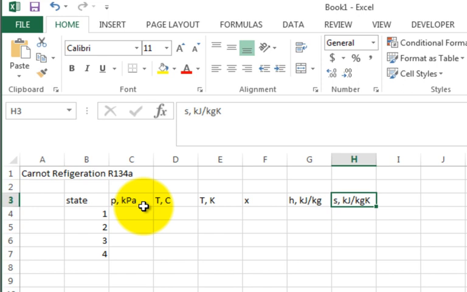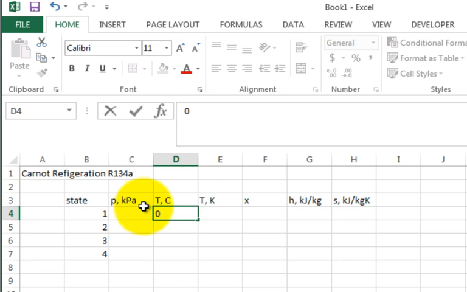I think those properties will do us well. So we come in and we're told that the temperature is 0 degrees C, and then it's 48, 48, and 0.